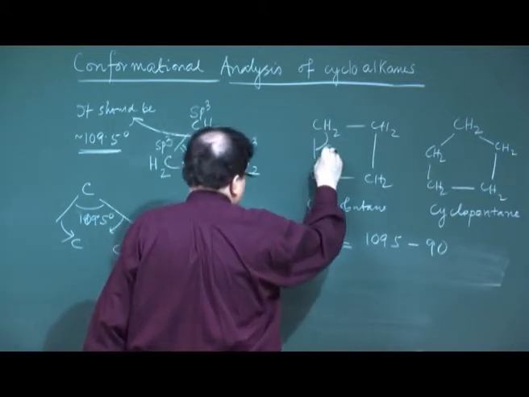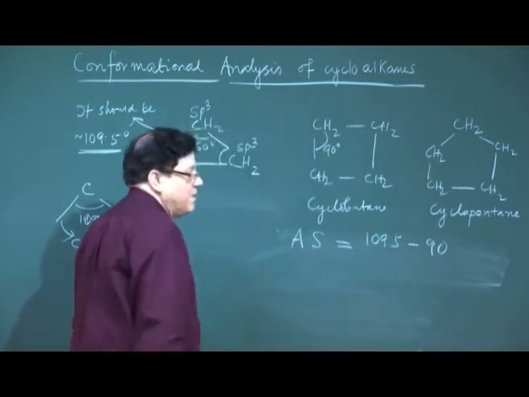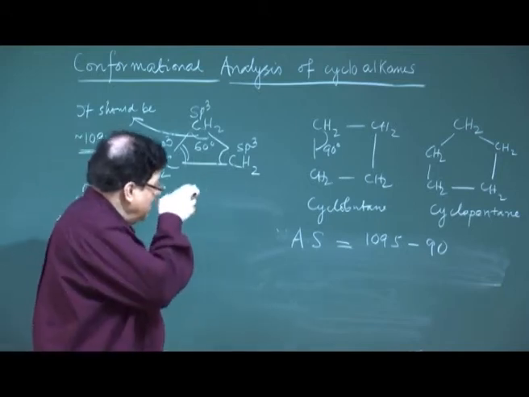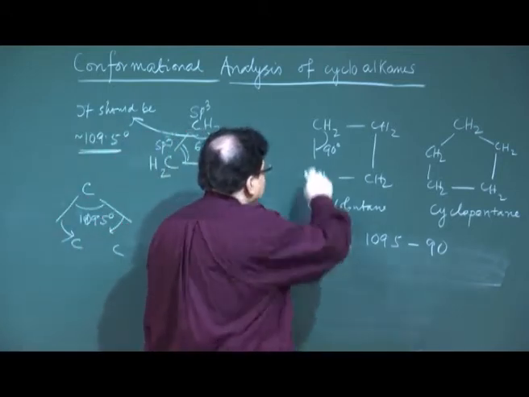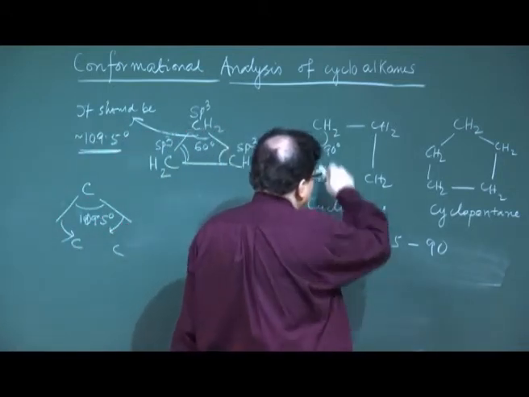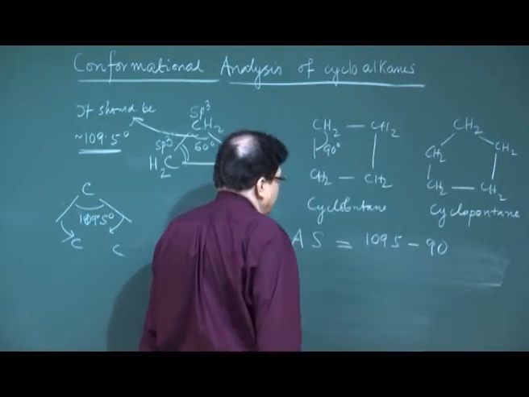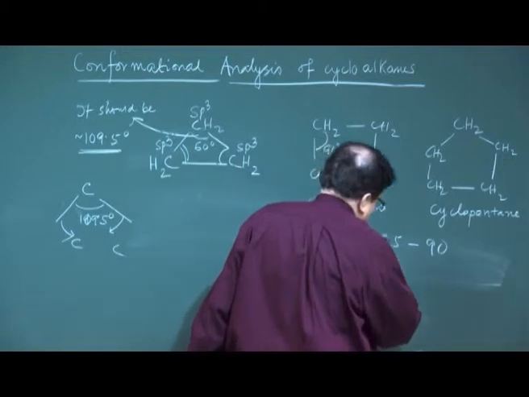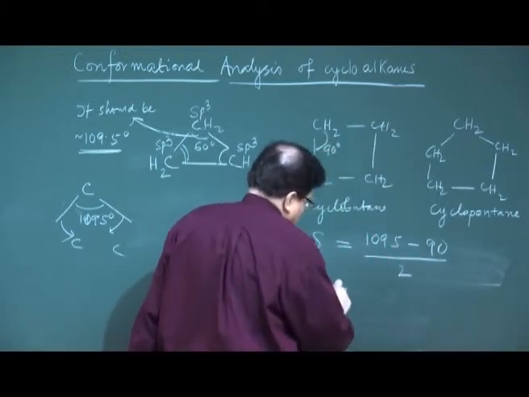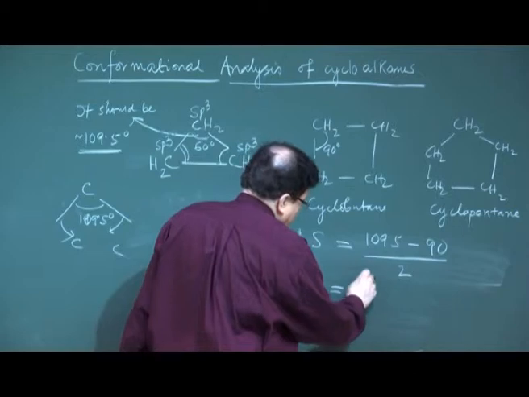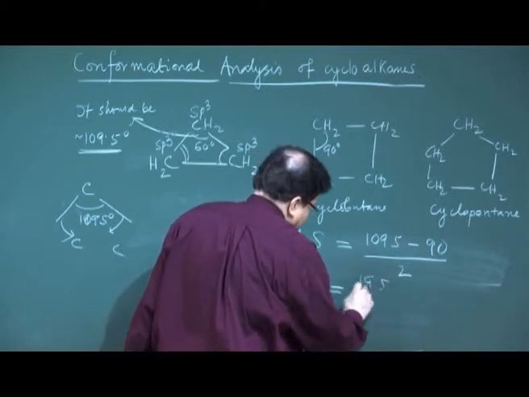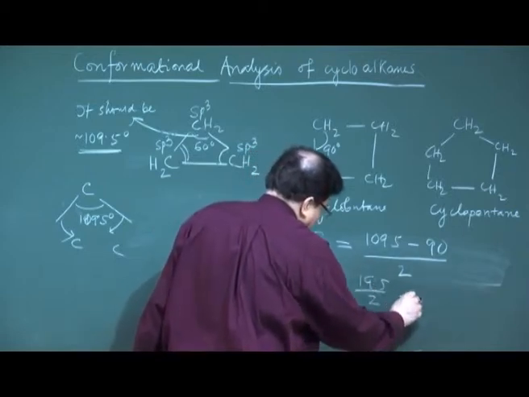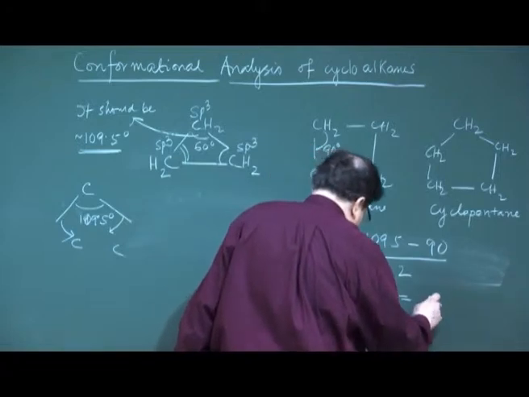So, these angles are 90, considering these are regular, the square, okay, considering it as a square. So, the angles are all 90 degrees. So, regular polygon. So, 109.5 minus 90 divided by 2. So, that comes out to be 19.5 by 2, and finally, you see it will be 9.75.